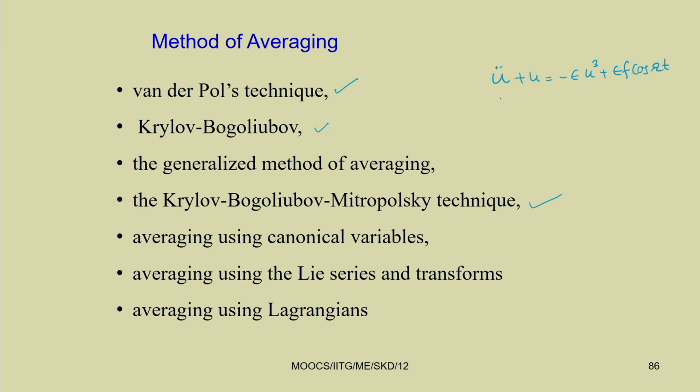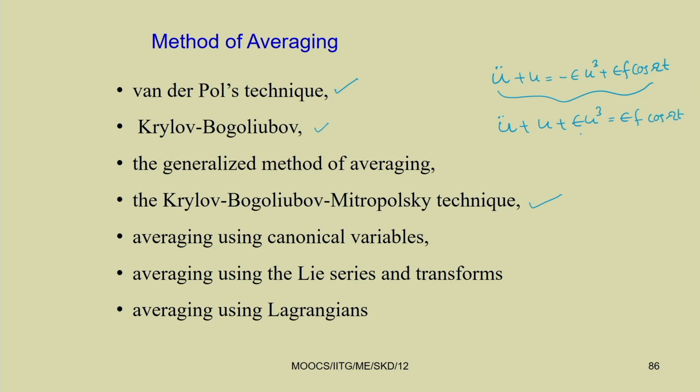If we are taking a Duffing equation with forcing and cubic nonlinearity, we can write the equation in this form. Previously we wrote it as u double dot plus u plus epsilon u cube equal to epsilon f cos omega t.